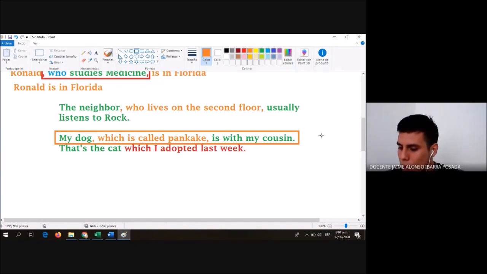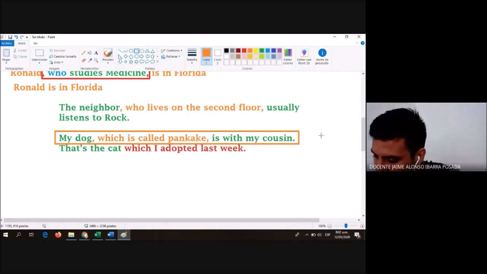My neighbor who lives next to me is noisy. Non-defining and defining. Okay, cool. Second is unidentified. Unidentified.